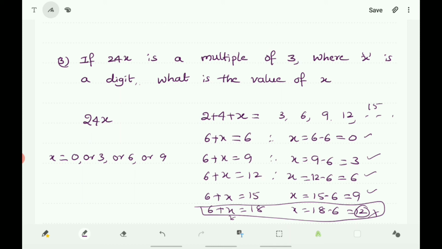If x is 3, the sum becomes 9, and it is also divisible by 3. If x is 6, the sum becomes 12, and it is also divisible by 3. If x is 9, the sum becomes 15, and it is also divisible by 3. So these are the possible values of x where 24x is a multiple of 3.